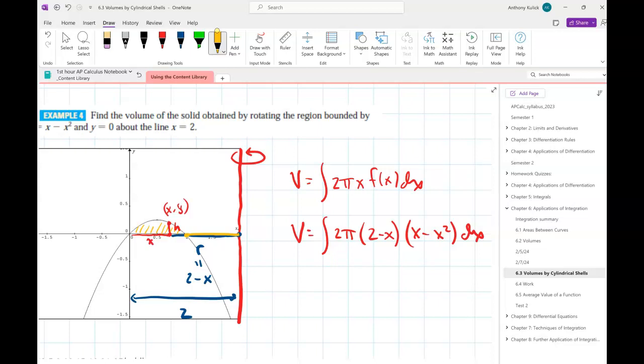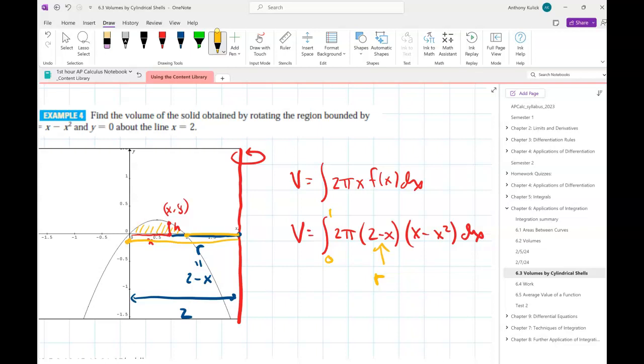What's the biggest that could be? 2, right? So what x value gives me the minimum? 1, right? If x is 1, then I have a radius of 1. And what x value gives me the biggest? 0, because when x is 0, the radius is 2, right?